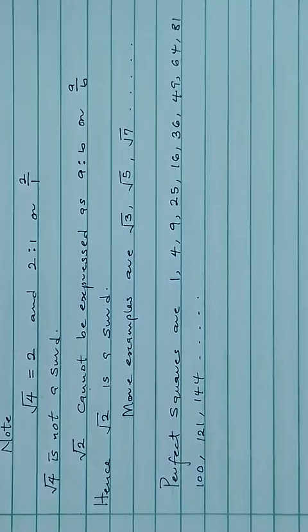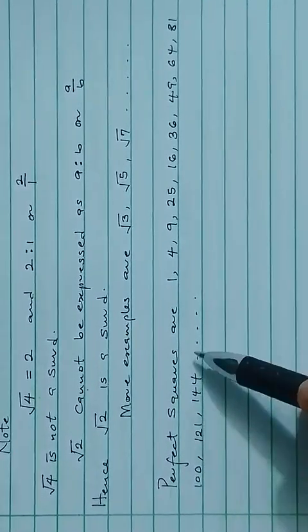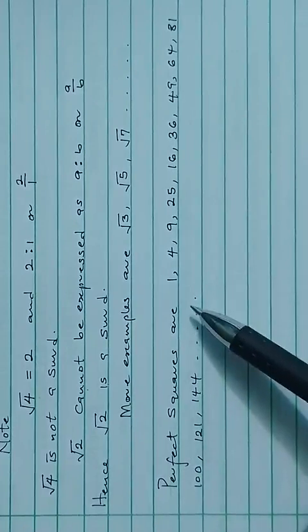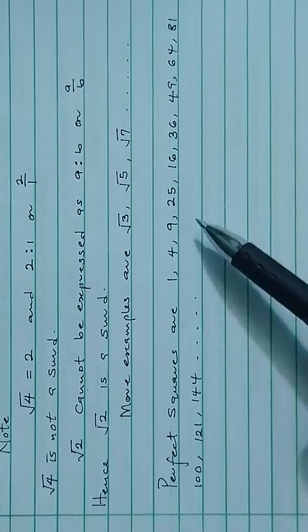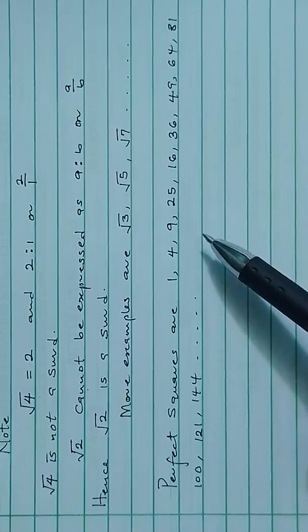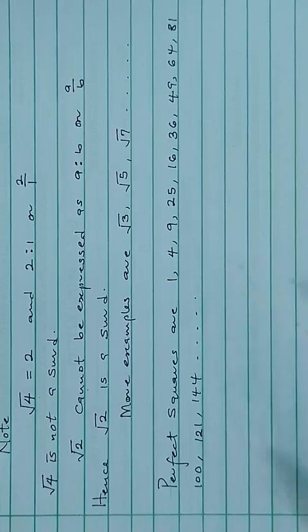If we need to simplify a surd, these are the numbers we are going to use because they are perfect squares.